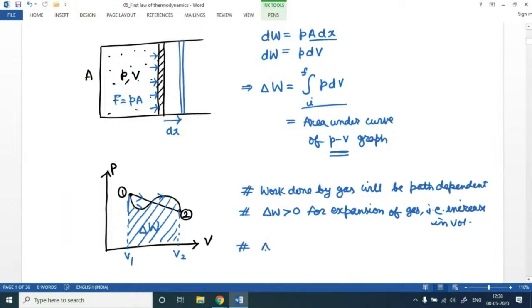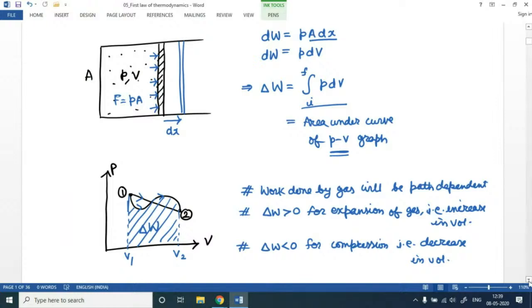And delta W would be negative, meaning work will be done on the gas. So work done by the gas would be negative, and that would be for compression, that is, for a decrease in volume. So these are two important points you should understand about work done by the gas.